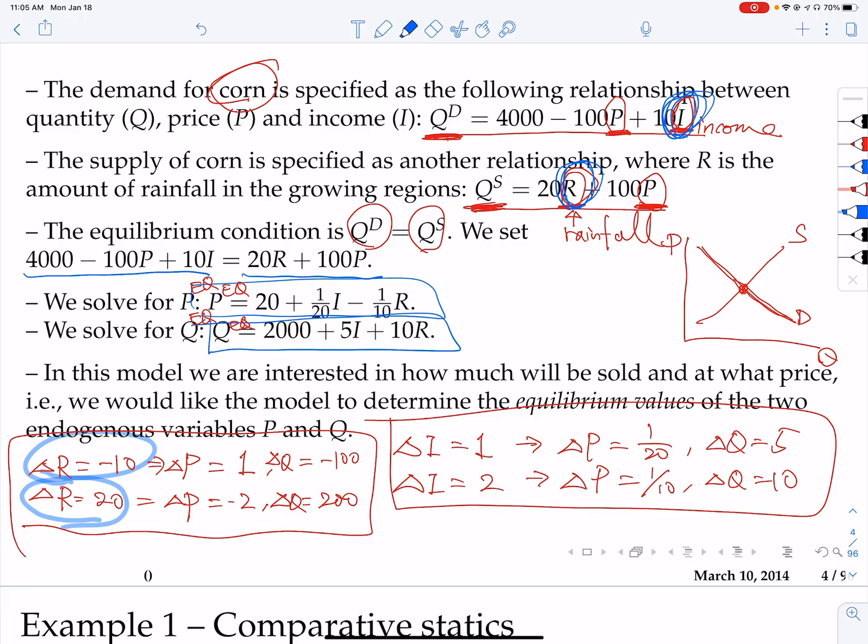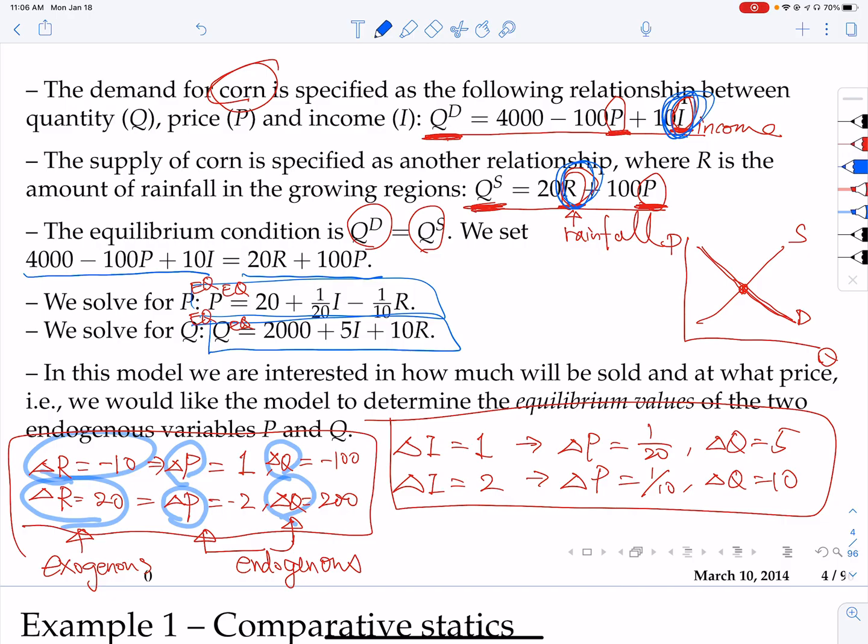So when the exogenous variable changes, the endogenous variables also change, right? These are the exogenous variables, and these are the endogenous variables.